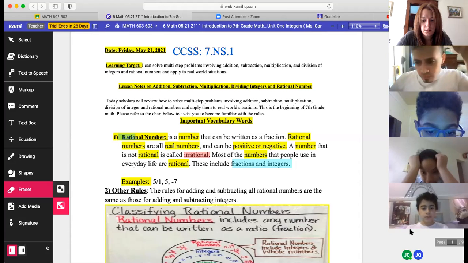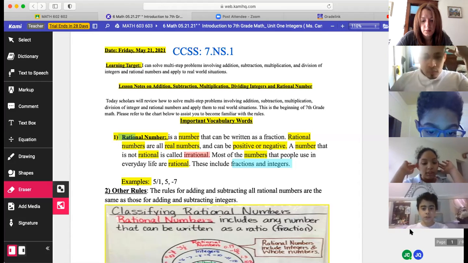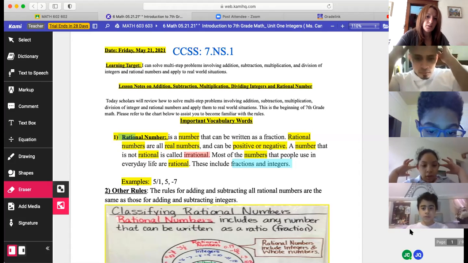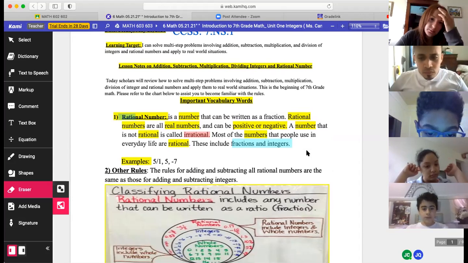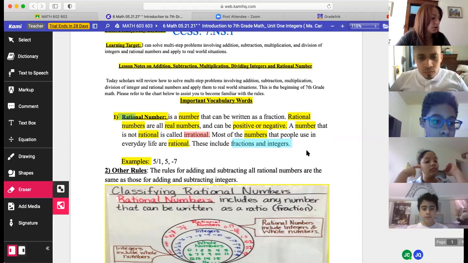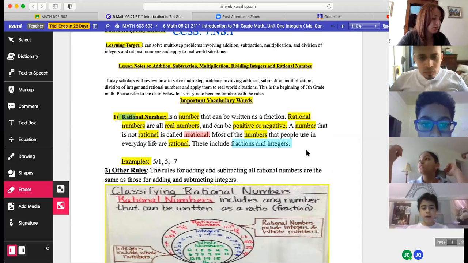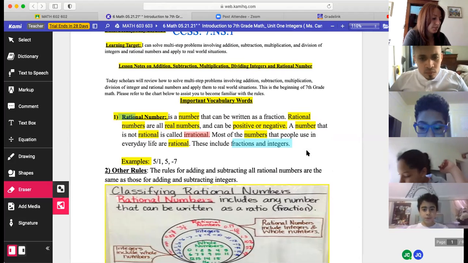Lesson notes on addition, subtraction, multiplication, division, integers, and rational numbers. Today, scholars will review how to solve multi-step problems involving addition, subtraction, multiplication, division, and integer and rational numbers, and apply them to real-world situations.